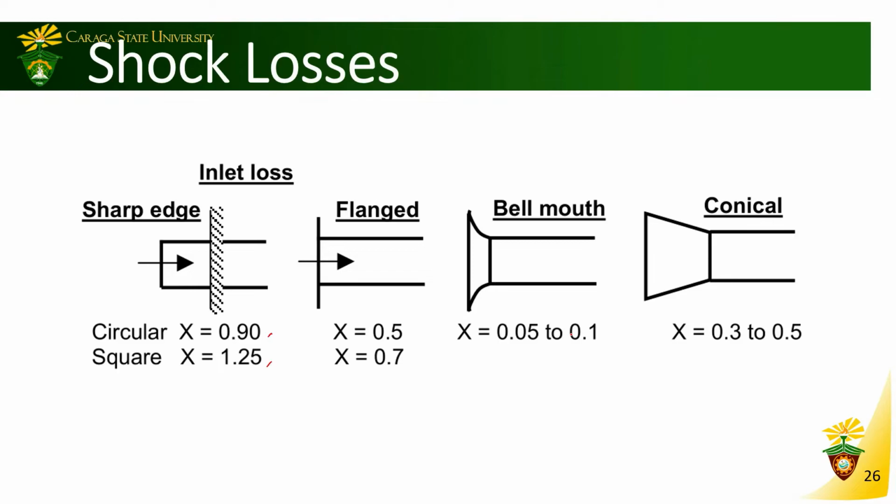So this explains that for an inlet, in order to minimize shock losses, it must have as much as possible a gradually decreasing diameter. So this helps in reducing the shock losses in our ventilation pipes or our ventilation airways.